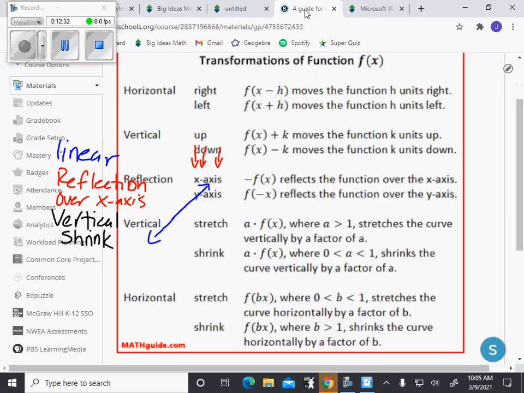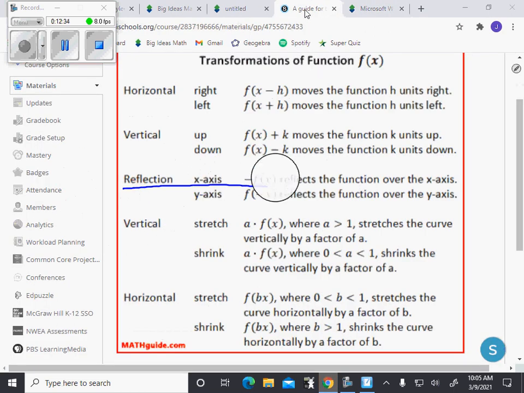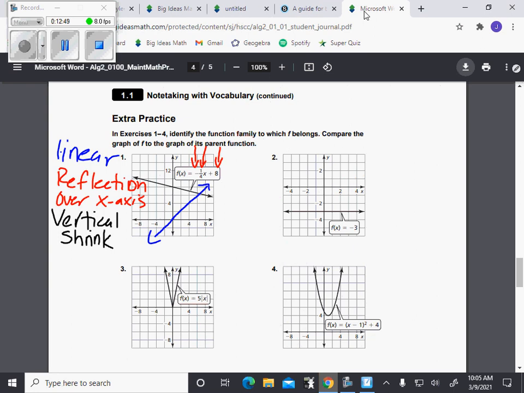And the plus 8, to find that, it's right here. f of x plus k, our function plus k, moves the function k units up. So that plus 8 moves it up 8. Each part of the function in the linear graph, whatever it is, the negative 1/4 x, changes our graph. Okay, every part.